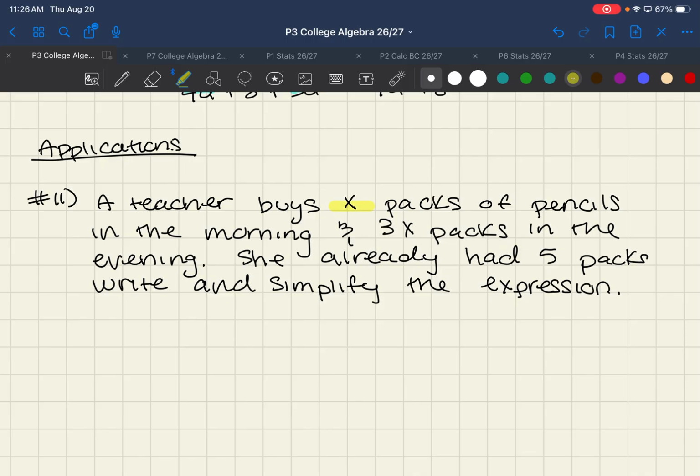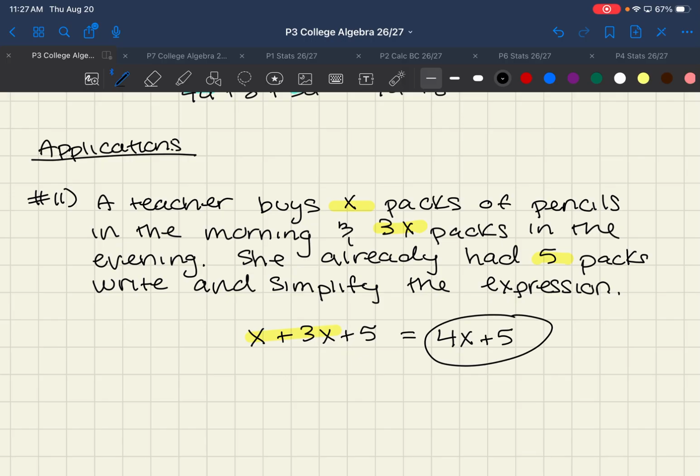A side of a square is 5x minus 3. Write and simplify an expression representing the perimeter. Okay, so if we have a square, we know that the sides of a square are all equal.